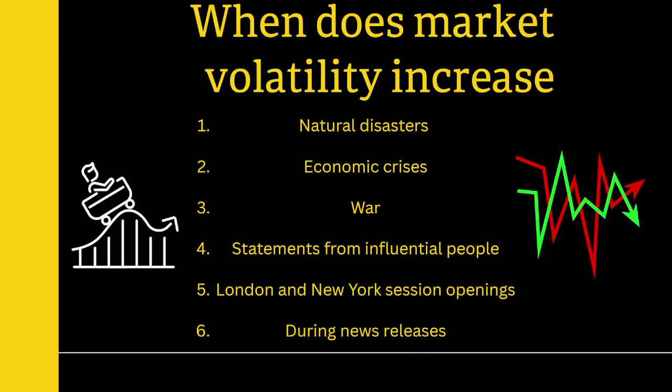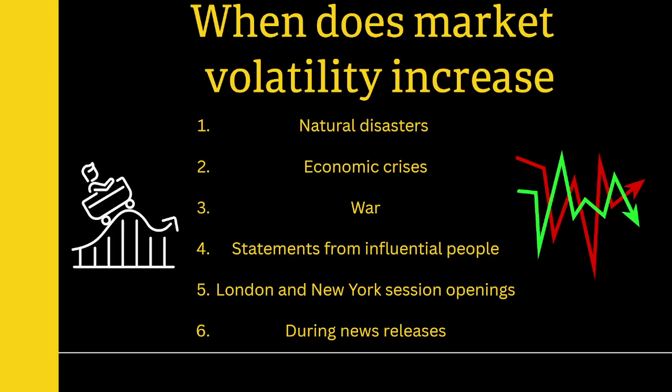So when does the market volatility increase? It increases during natural disasters, economic crisis, war, statements from influential people. As you all know, for example, when Elon Musk tweets about a cryptocurrency coin or anything, then you will find lots of movement. And for example, Trump as well.